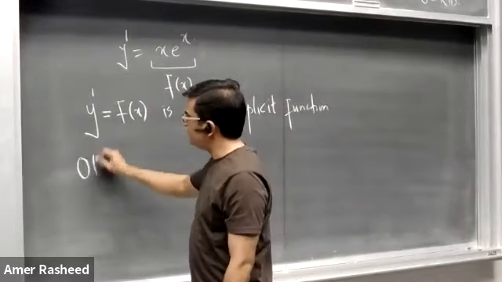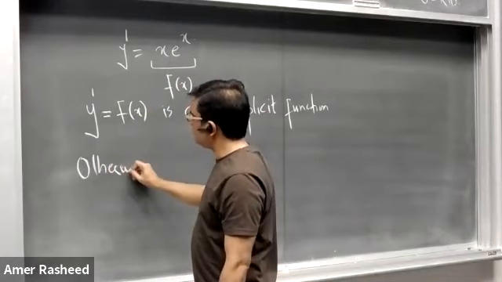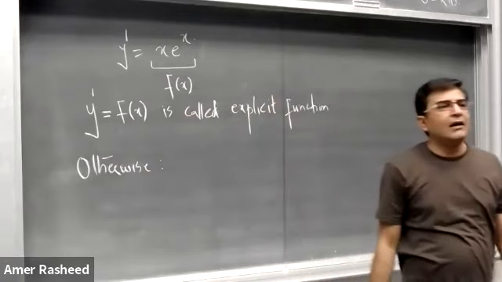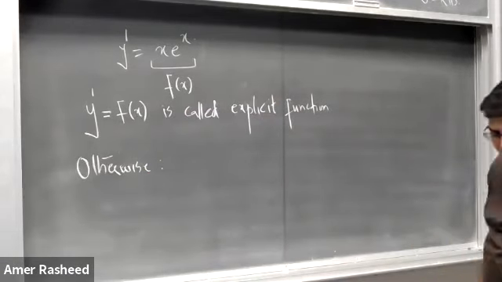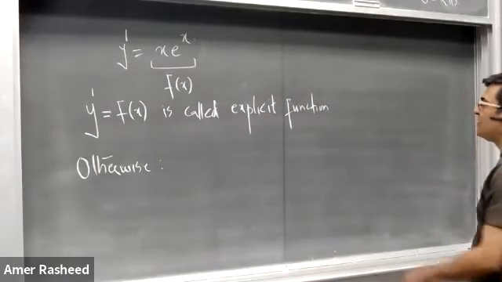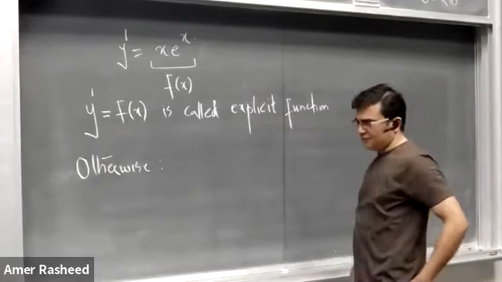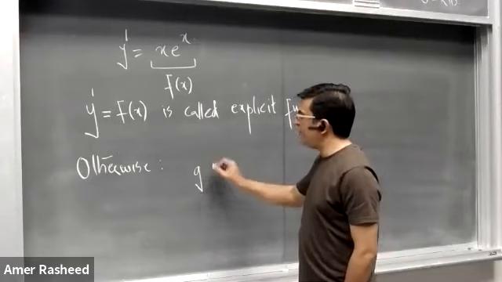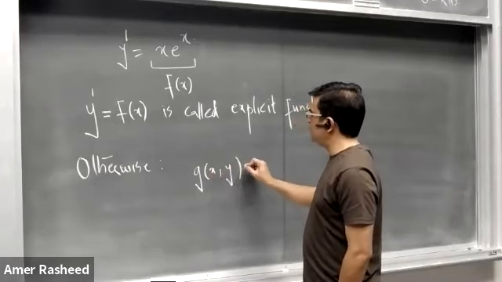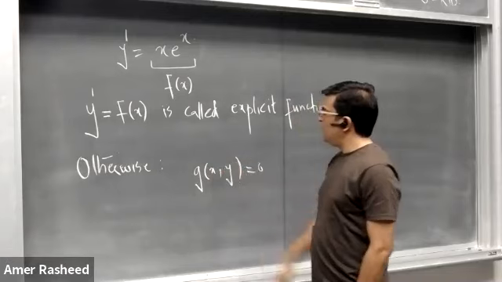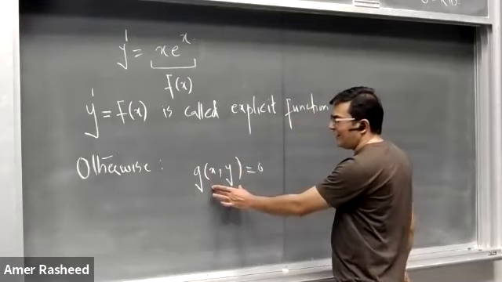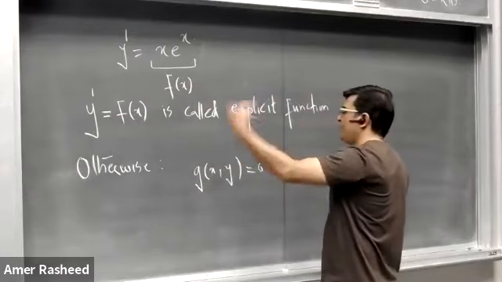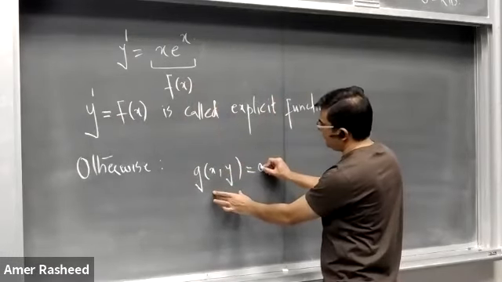Otherwise, it is possible that a solution of the differential equation is not an explicit function. Then in general, we write it in this form: g of x, y equal to 0, because that solution cannot be expressed in the explicit form.